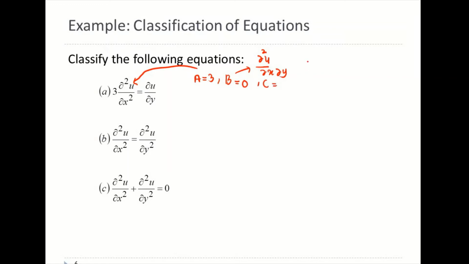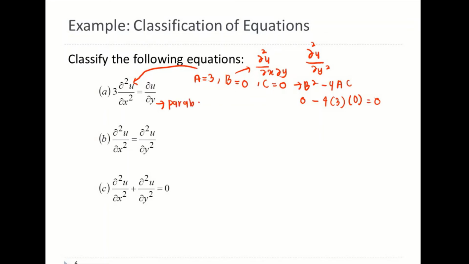C, which comes from delta squared u over delta y squared, is also 0 for this example. When we substitute into b squared minus 4ac, we get 0 minus 4 multiplied by 3 multiplied by 0, so we get 0. So the first equation is parabolic.